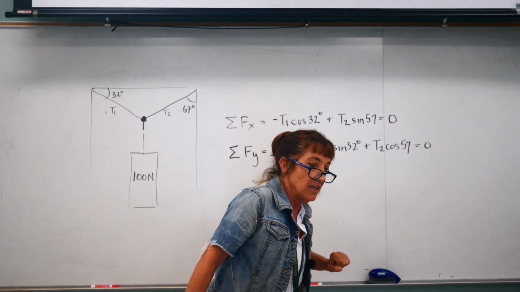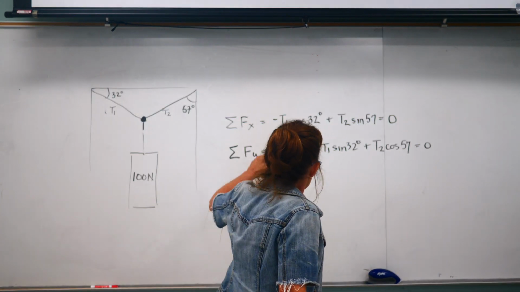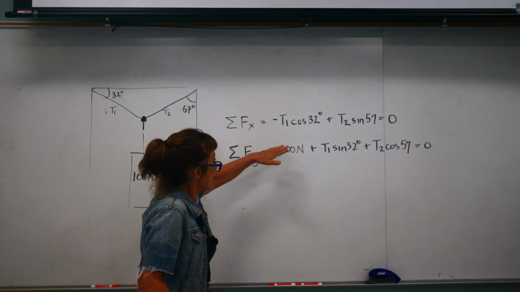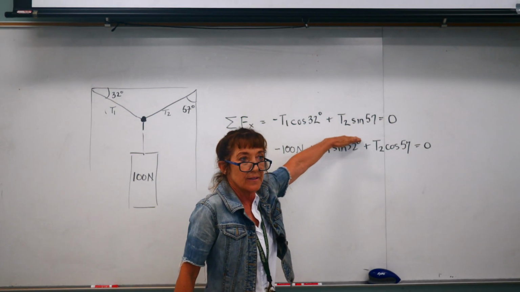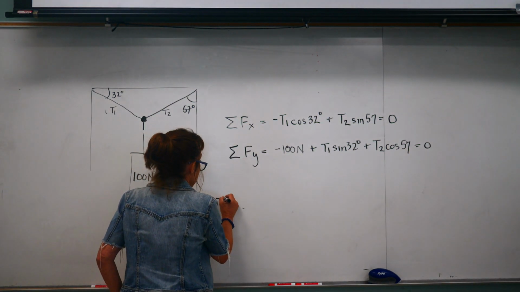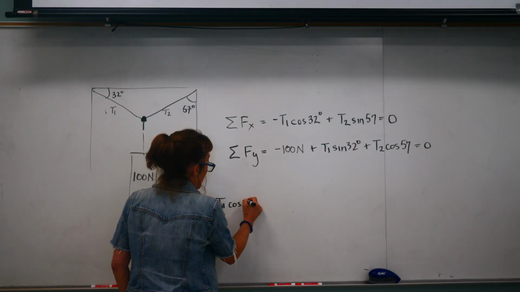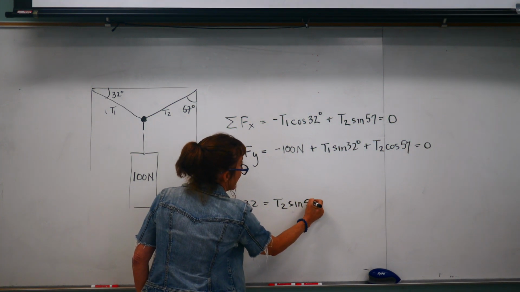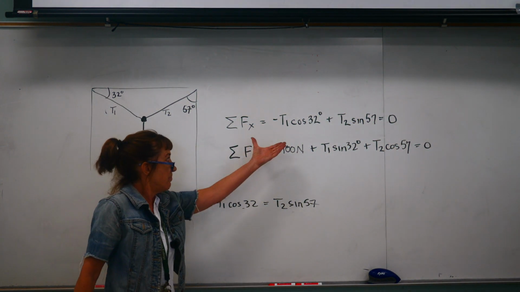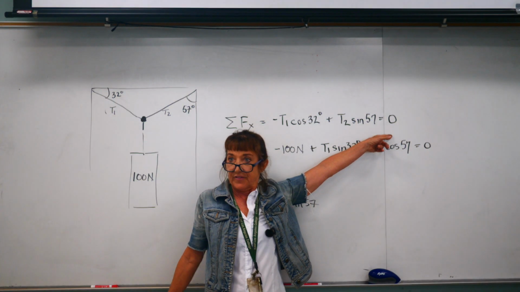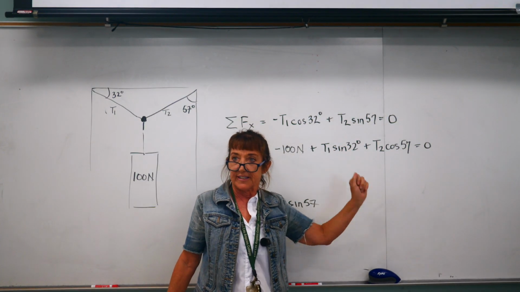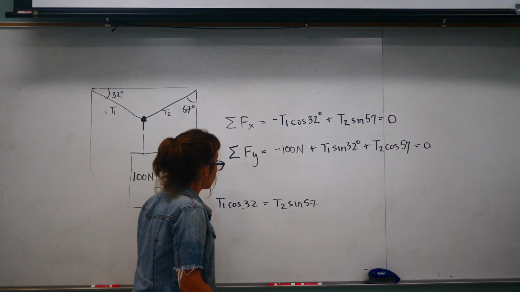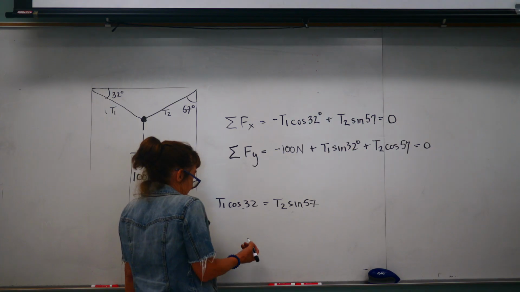Okay, lovely. All right, now we've got 2 equations, 2 unknowns, right? So I'm going to go with this guy. And I'm going to say T1 cos 32 equals T2 sine 57. Just pop that on over to the other side of the equation. Subtracted that from both sides. I mean, added that to both sides. Okay? All right. So what do you want to solve for?